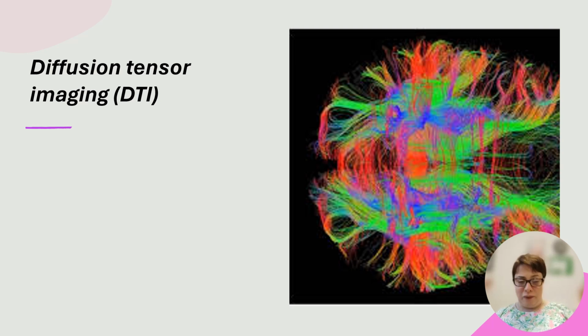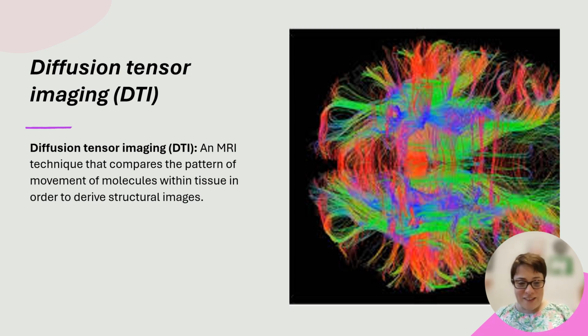DTI is also very helpful related to memory in the sense that it's helpful in diagnosing Alzheimer's as opposed to other forms of dementia. So if someone is experiencing memory difficulties, diffusion tensor imaging would help to delineate which pathways in the brain are no longer firing properly, essentially.